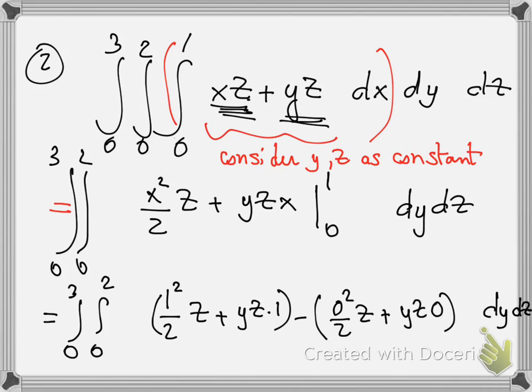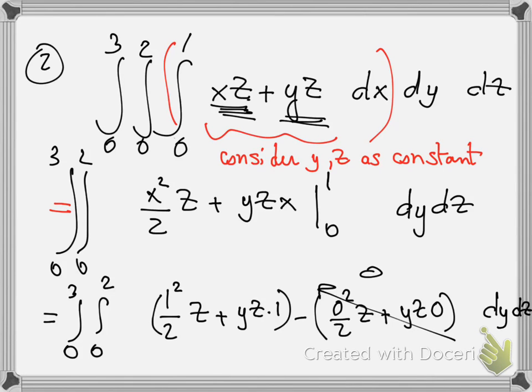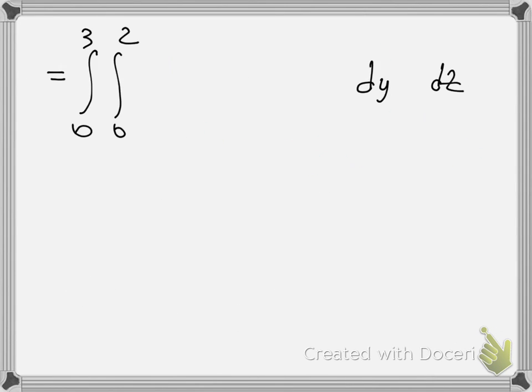So this is of course just 0, because everything is 0. And then here that will be half of z plus yz. So we're going to have 0 to 3, 0 to 2, dy, dz, with half of z plus yz.